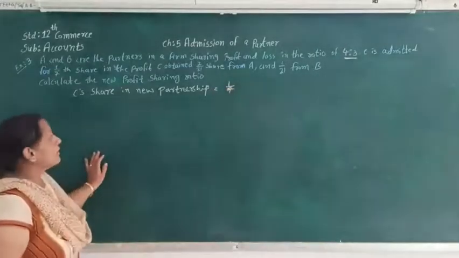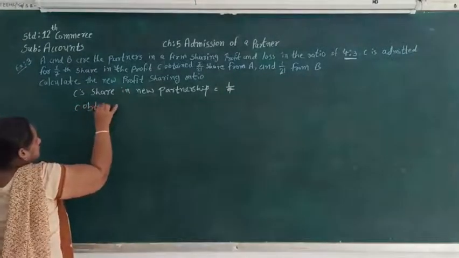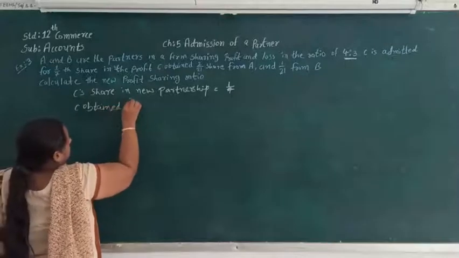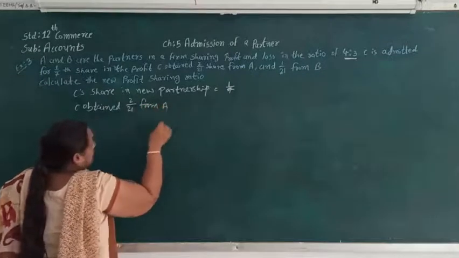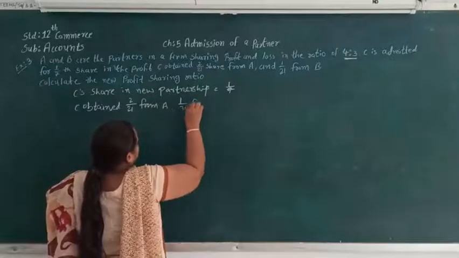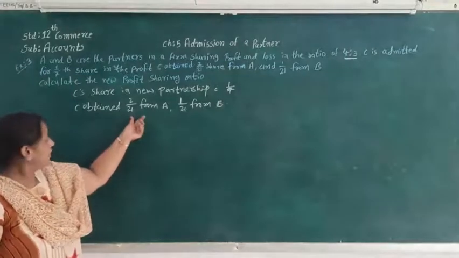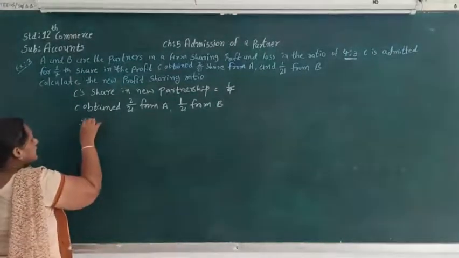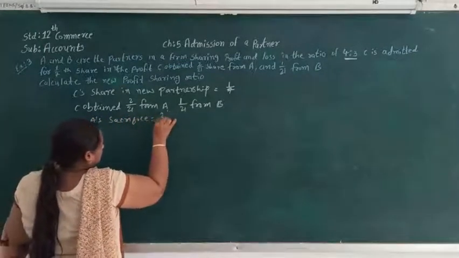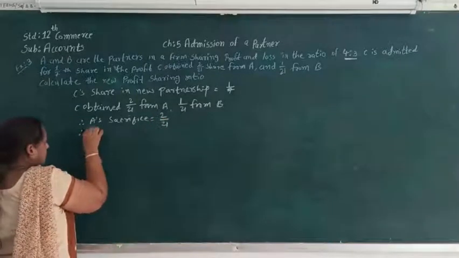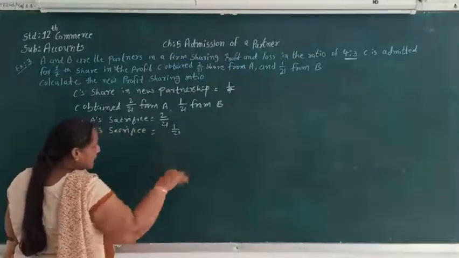And then C obtained 2/21 from A and 1/21 from B. So here A's sacrifice is equal to 2/21 and B's sacrifice is equal to 1/21.